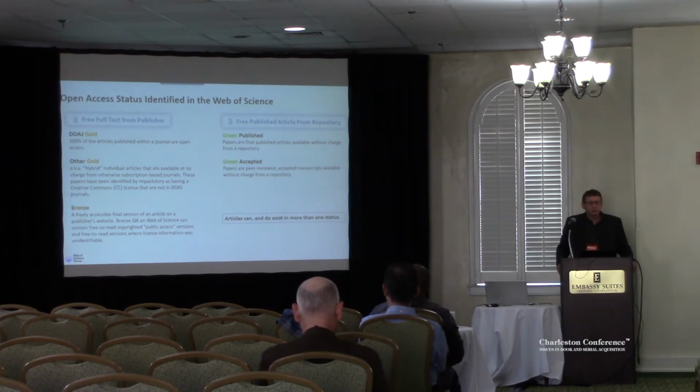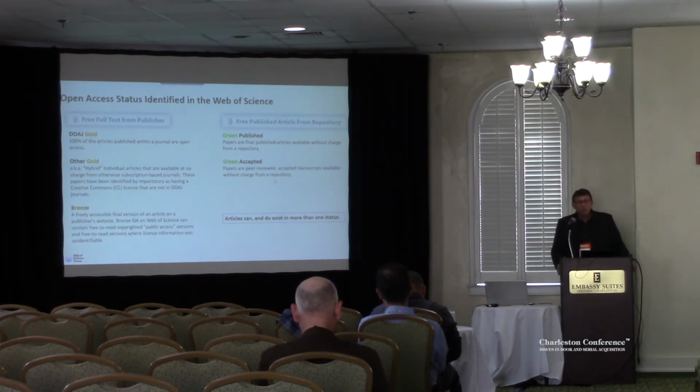We want to ensure that something has gone through the peer review process before we index it. And all of the journals that we index have a peer review model. And so we won't accept anything in Web of Science or look at material that may be non-peer reviewed. So the two statuses apply. It's either accepted or published.